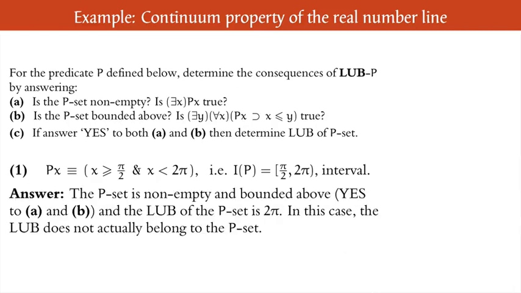For this example, A, the P set is definitely non-empty, and B, it does have an upper bound, since it is in fact bounded by, say, the integer 7. 7 is greater than 2 pi. Then C, the LUB of the P set must be exactly 2 pi. In this case, the least upper bound does not actually belong to the set. Rather, it is the first number bigger than all the numbers in the set.